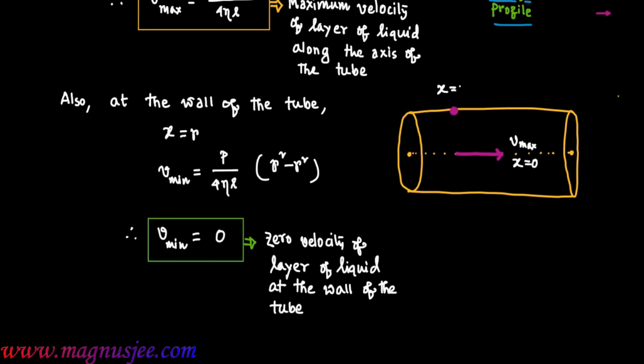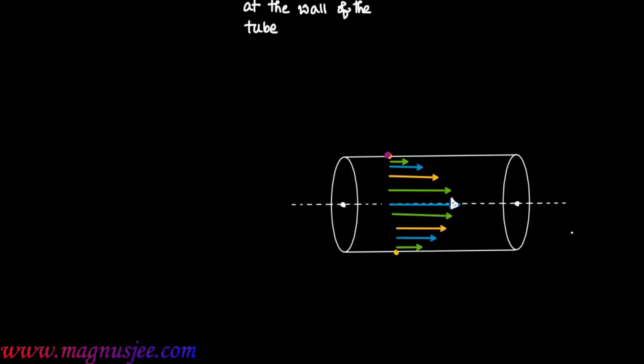At the wall, we can denote the velocity by a dot that indicates that at the wall, at a distance x is equal to r, velocity of layer of liquid will be 0. That means V min is equal to 0, and velocity of different layers of liquid decreases from the axis to the wall of the tube in this way.